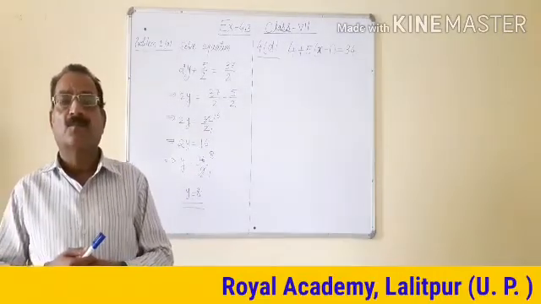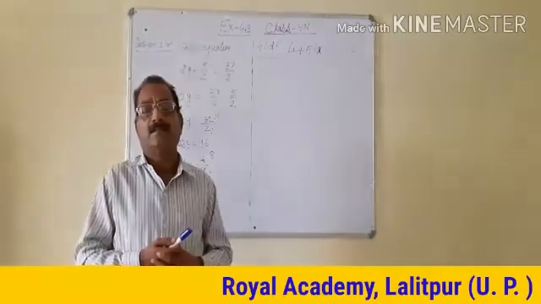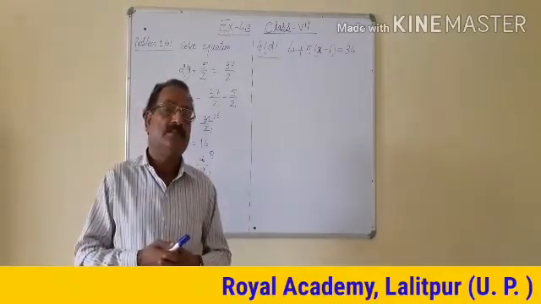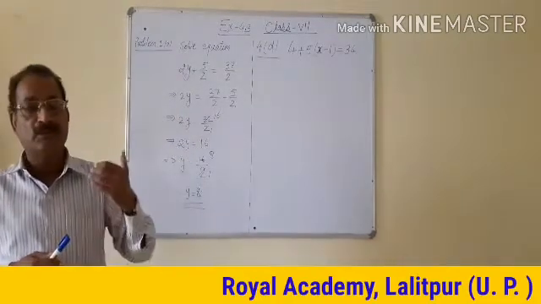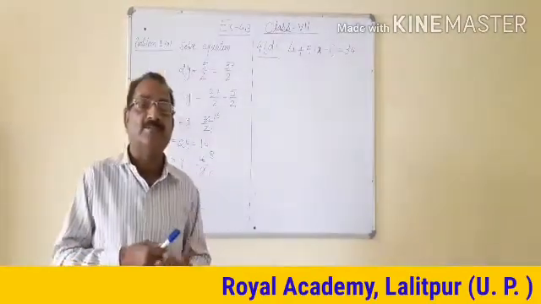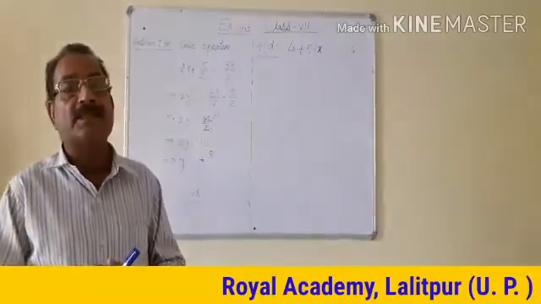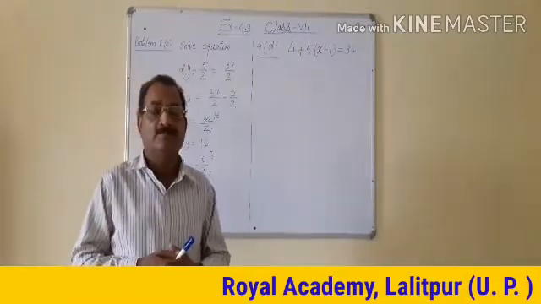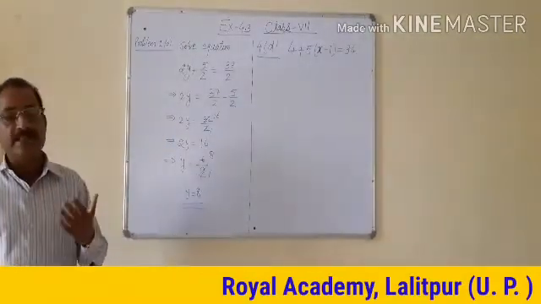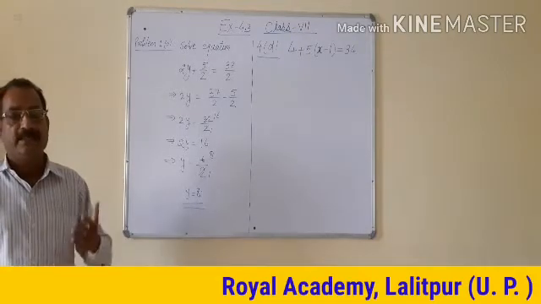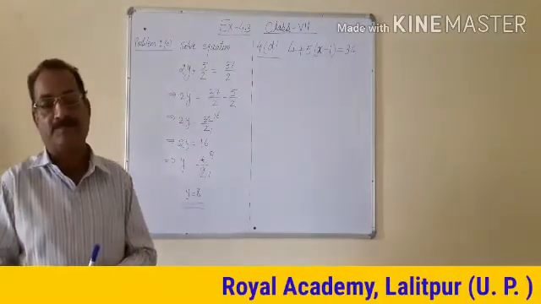Generally, in senior classes, we use the second method, that is the transpose method. In the transpose method, we arrange all the variables on the left side and constants on the right side.